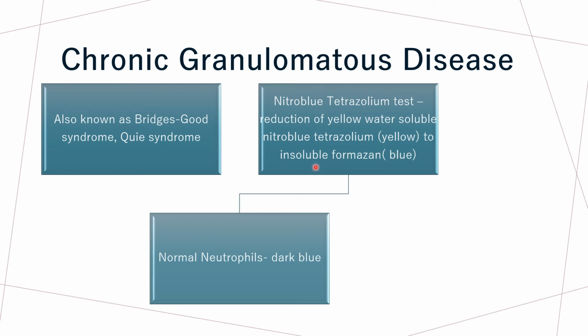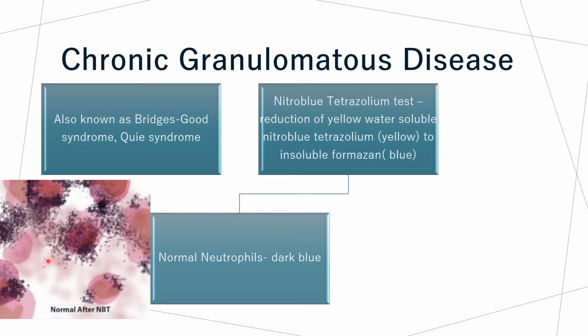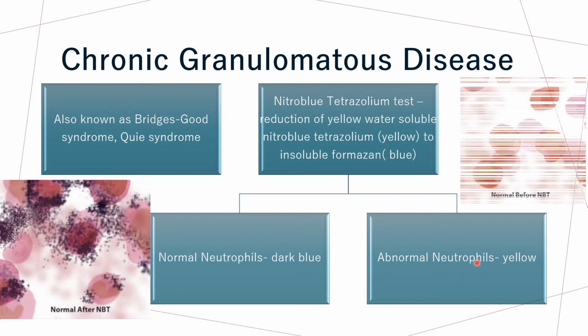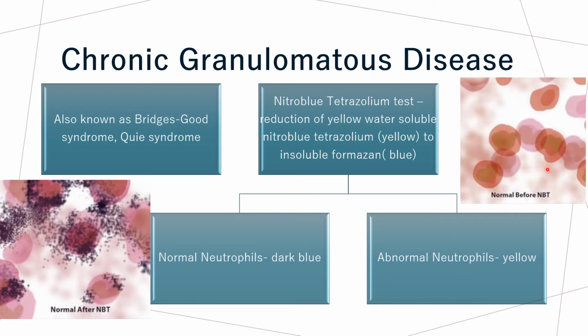Normal activated phagocytes would reduce the NBT with the presence of the peroxide they generate in the respiratory burst, therefore giving a blue color. CGD patients are unable to reduce the NBT, therefore retaining the original yellow soluble color.